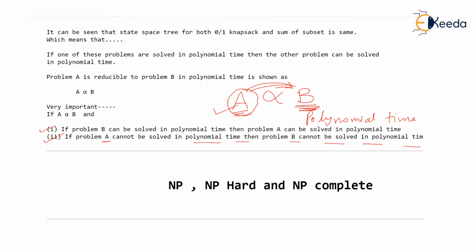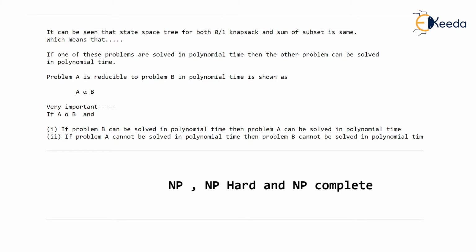What this second point says is that if there is a problem A and it is reducible to problem B in polynomial time, and we know that there exists no polynomial time algorithm till this date to solve problem A, that is, problem A is NP, so we cannot write a polynomial time algorithm for A, then surely we cannot write a polynomial time algorithm for B. Because A is not solvable, B is also not solvable.